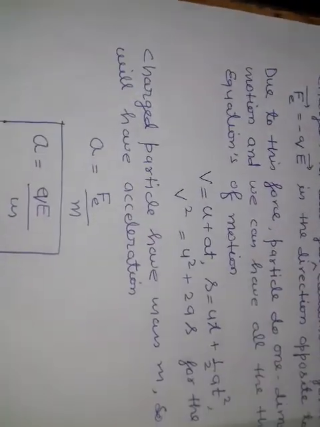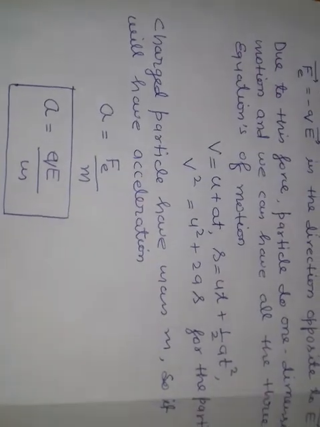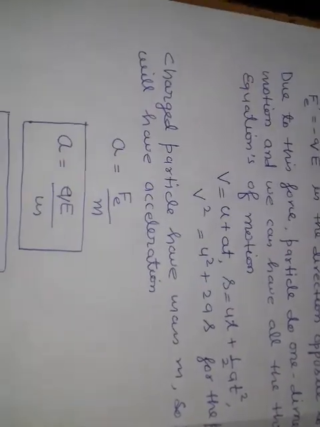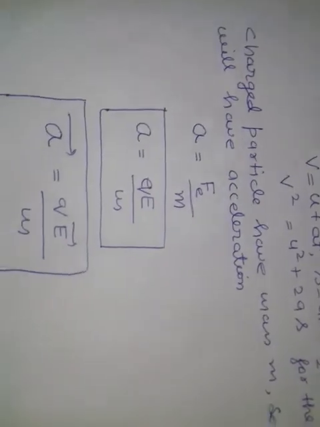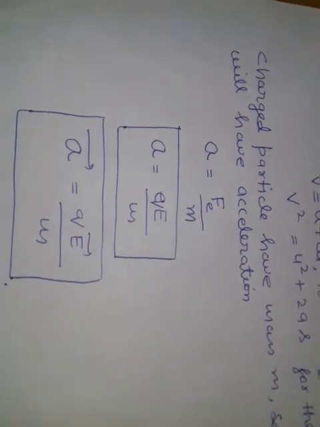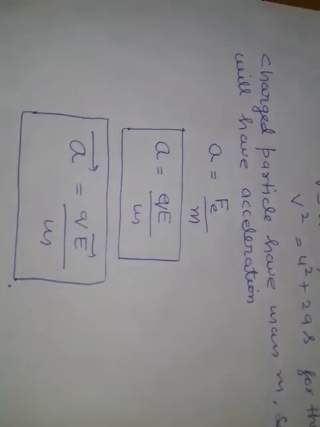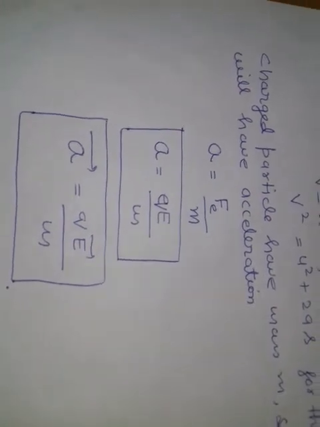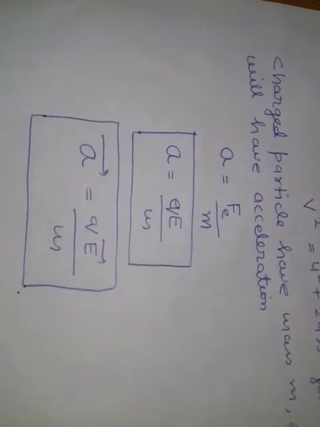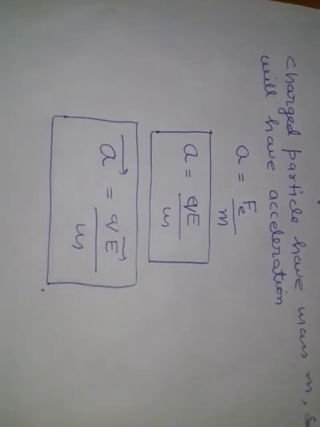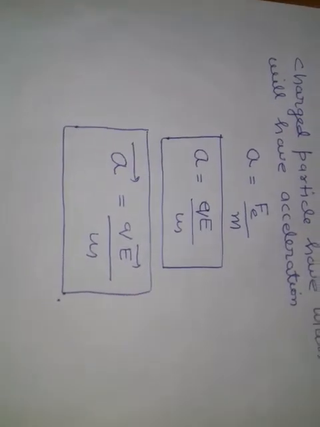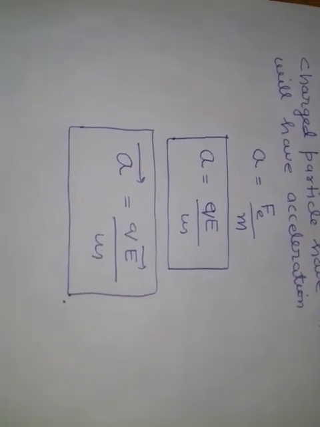The charged particle has mass m, so it will have an acceleration which can be calculated. a is equal to the applied force on the particle due to the electric field divided by the mass of the particle. Put the value of Fe, which is qE, upon m.